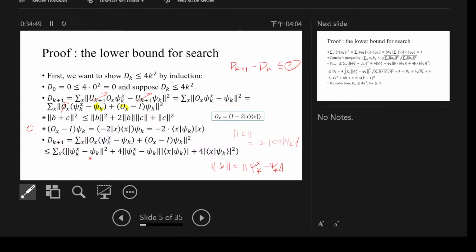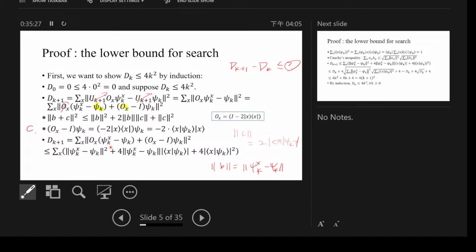So norm b squared, and then in the middle we have 2 norm b norm c. Norm c is this; when you take norm c, the minus sign goes away, and x is a normalized vector, so norm c is just 2 times the norm of this inner product.